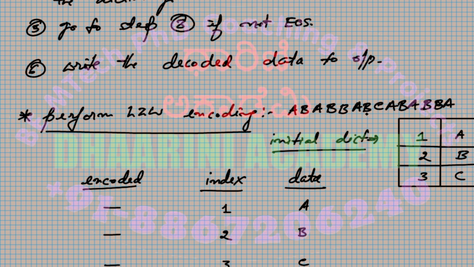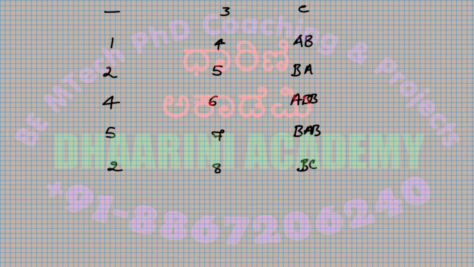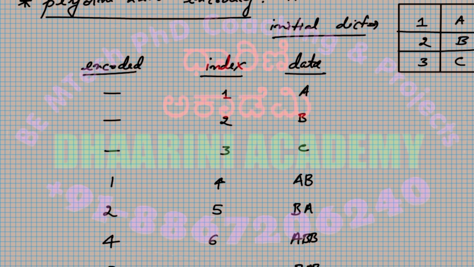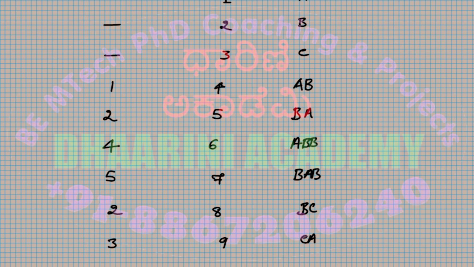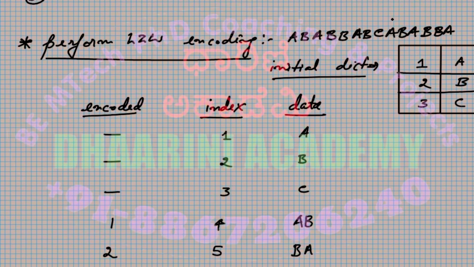After BC, next is CA, correct? Does CA exist? No. This is 9, out of which I check for C, that is 3, correct? After CA, AB is there, so I'll include the next letter as well.